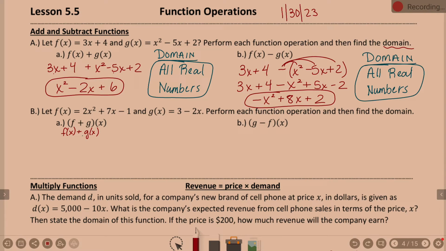So if I check this out, let's see. F is 2x squared plus 7x minus 1 plus g, g of x is 3 minus 2x. Put your like terms together, yes? What do I have here?